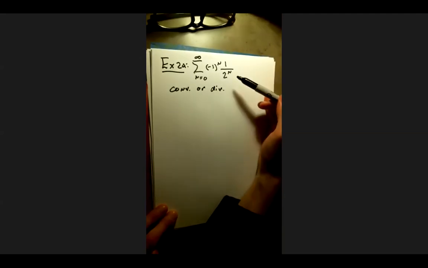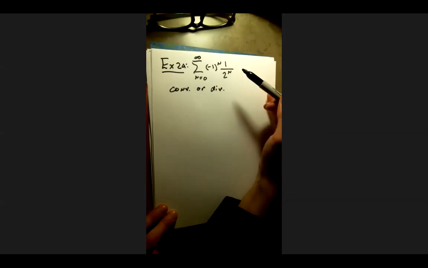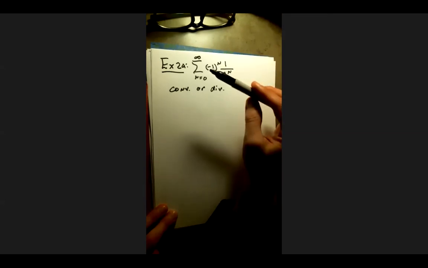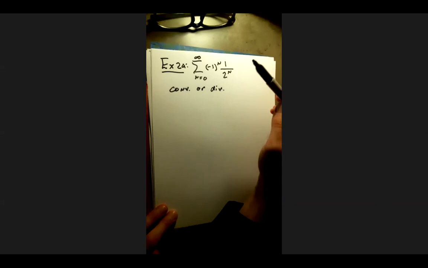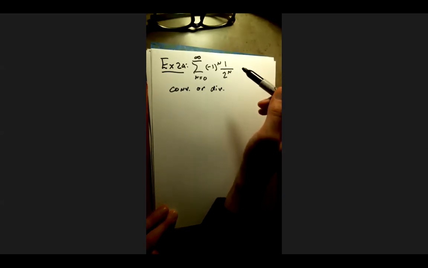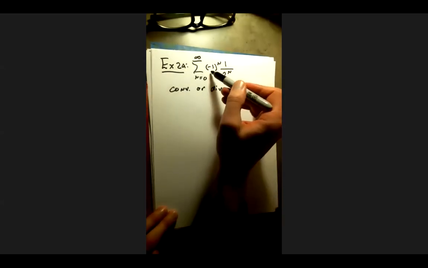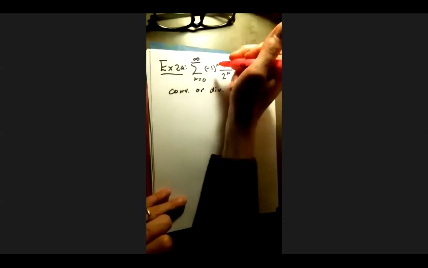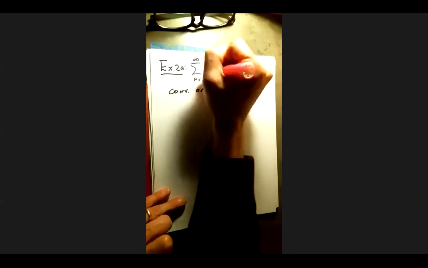Which kind of series is this? Geometric? Yes. Alternating harmonic. I think alternating would be correct. I think geometric is actually correct too, but in this case, what I was after was you looking and recognizing that there's this (-1)^n.